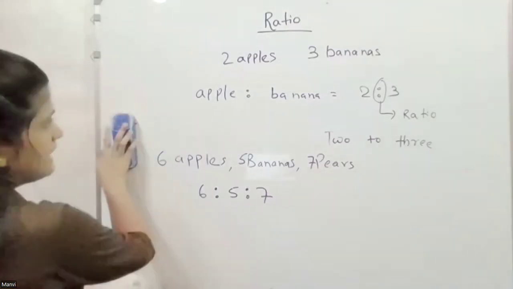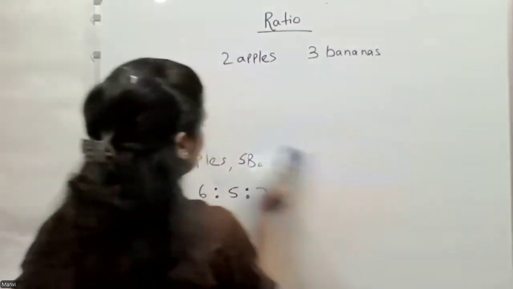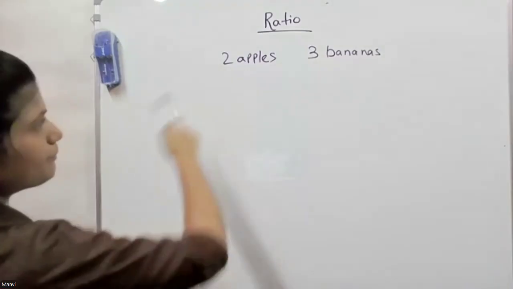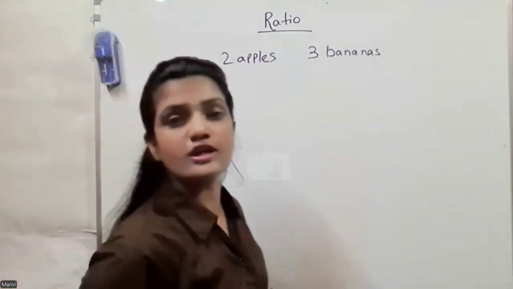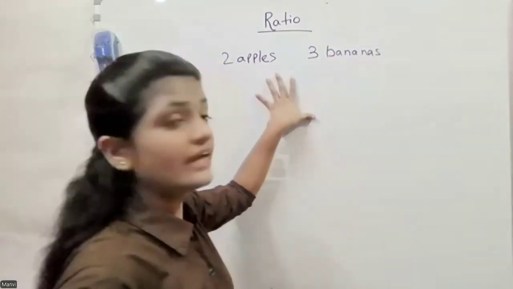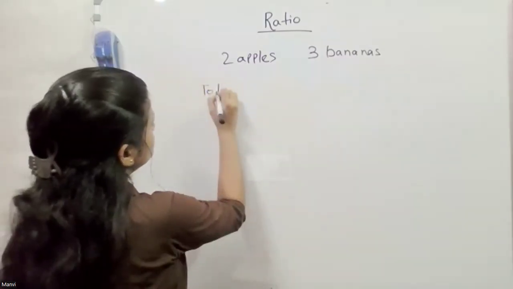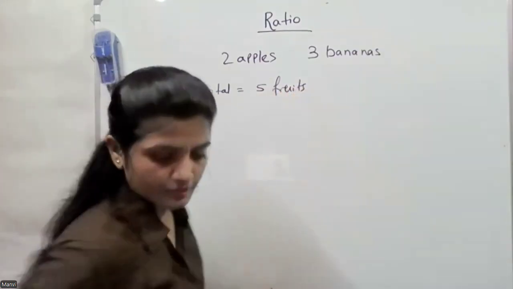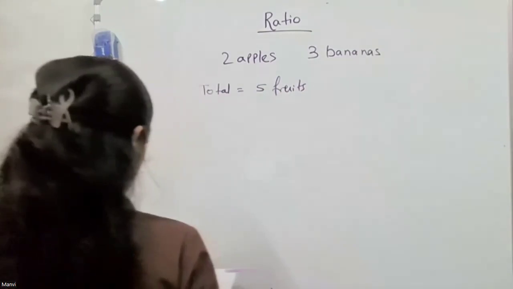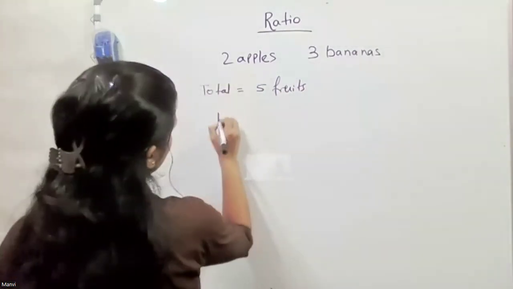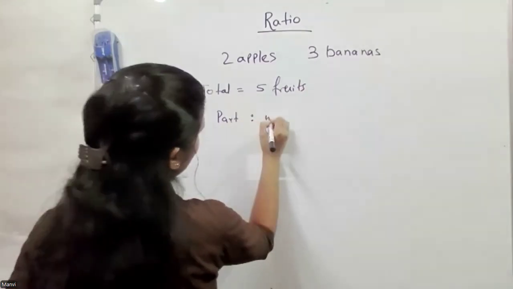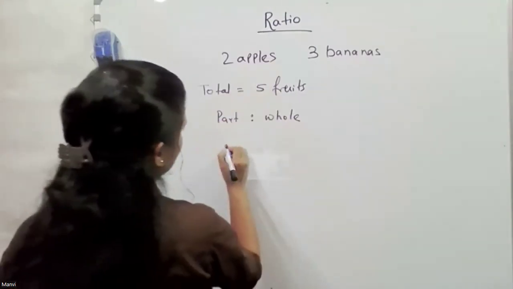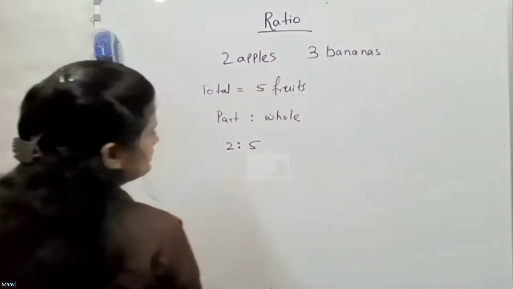Now sometimes, for example, I need to compare apples with the total number of fruit. Kavya, do you agree that here we have 5 fruit in total? Yes. So it will be 2 to 5. Very good. This should be part ratio whole. So apple to whole fruit will be 2 ratio 5.